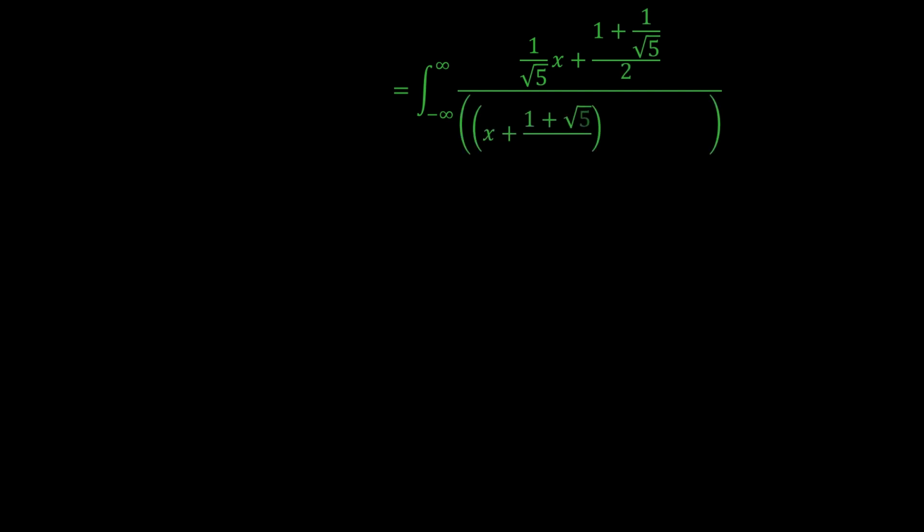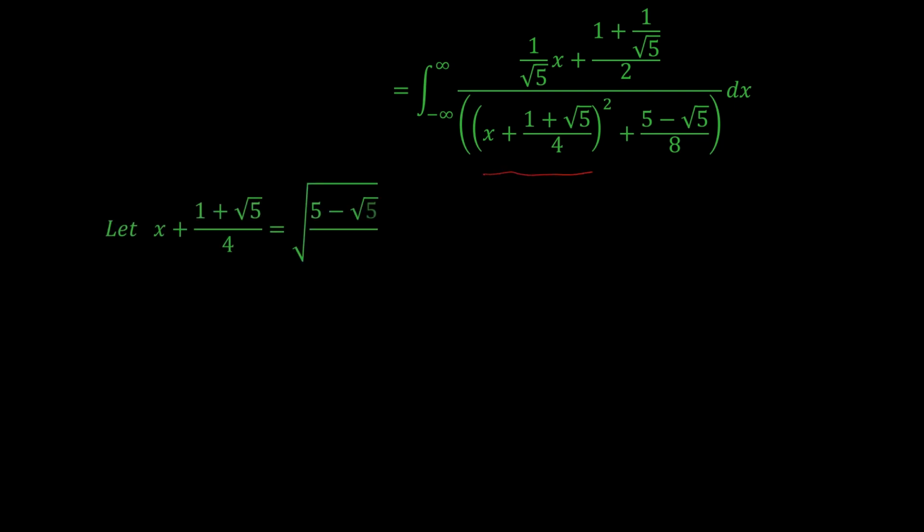So, obviously getting our integral, the very same steps we used with the blue integral, we're just going to go ahead and do the substitution. We say let this part here, x plus 1 plus root 5 over 4, be equal to the square root of 5 minus root 5 over 8 tan theta.